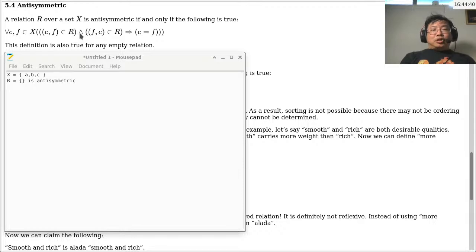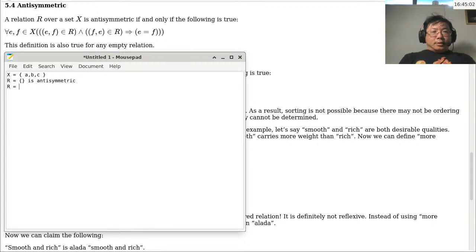If the antecedent of the implication is false, then the implication itself is true. Sorry, take it back. If the left-hand side of an implication is false, the implication itself is true. So this way, I can guarantee that R as an empty set is indeed antisymmetric.